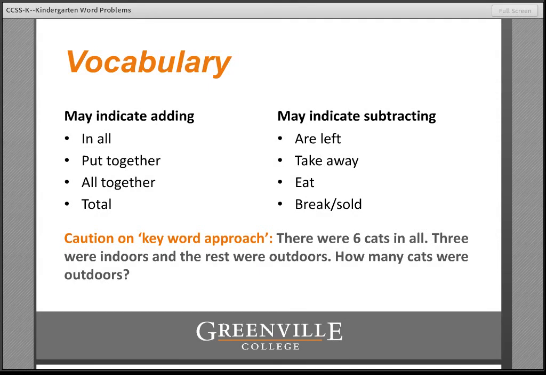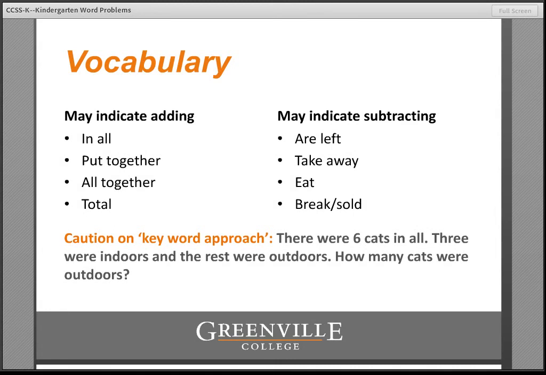So for example, here's a first grade problem. There were 6 cats in all. 3 were indoors and the rest were outdoors. How many cats were outdoors? Here you see "in all." A child who's been taught to believe that "in all" means you add will get this wrong. Furthermore, in first grade, they will see problems like this, and this is one they're expected to master in first grade.